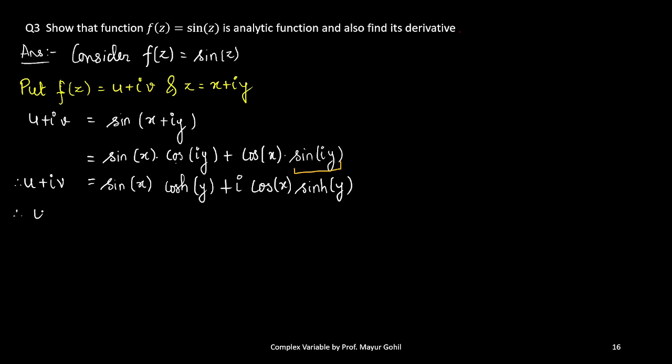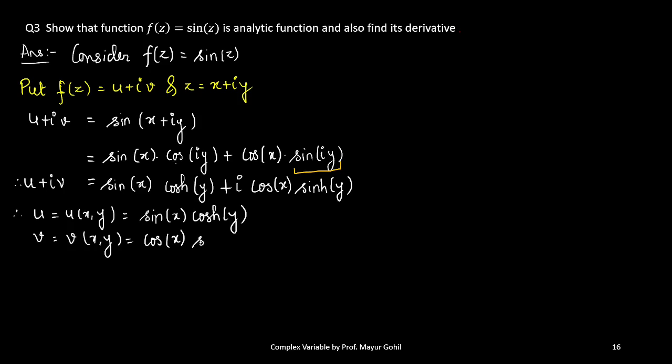So therefore u, which is u of x comma y, can now be written as sine x cos h of y. And v, which is v of x comma y, will be written as cos x times sine h of y.